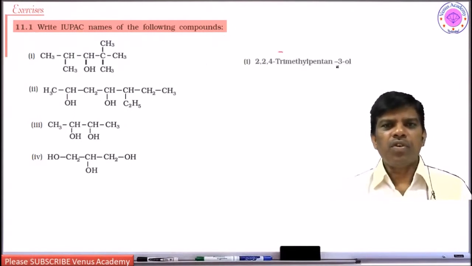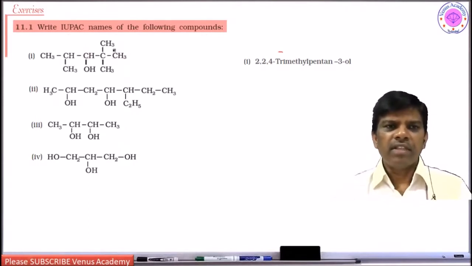The 2,2,4-trimethylpentan-3-ol. The first principle of IUPAC nomenclature is to choose the longest chain. While numbering the chain, start from the side where the substituents get the least number.